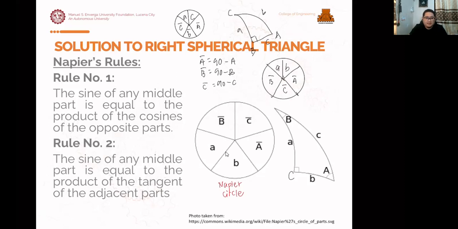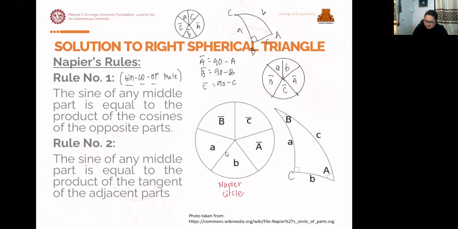Okay? Then, applying yung rules ni Napier, yung rule number 1 natin, the sine of any middle part is equals to the product of the cosines of the opposite parts. So, itong rule number 1, tinatawag natin, ano ba to? Sine co-op rule, no? Okay? So, ibig sabihin, sine is equals to cosine ng opposite, product ng opposite, no?